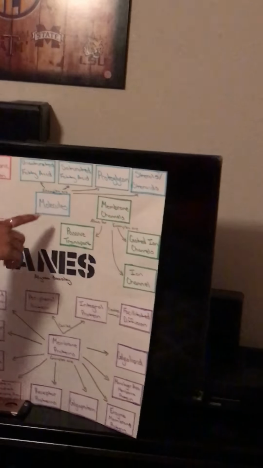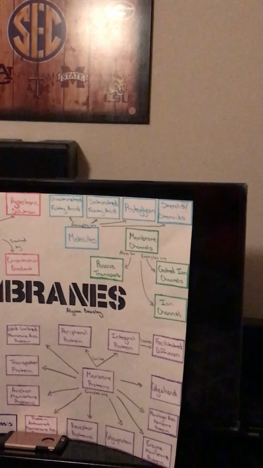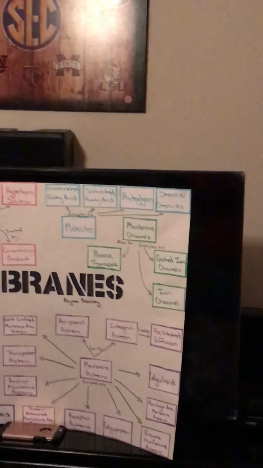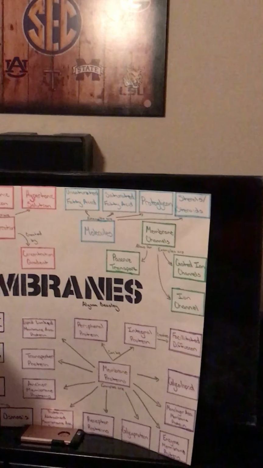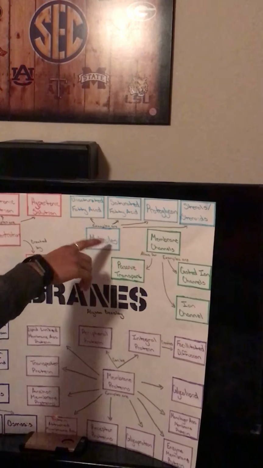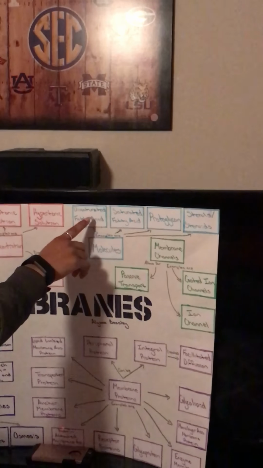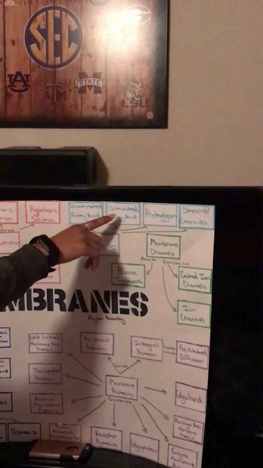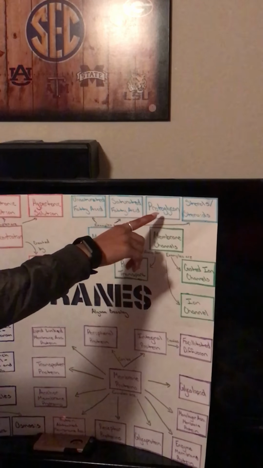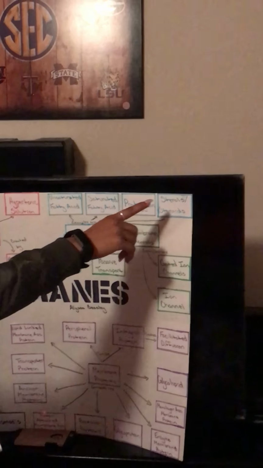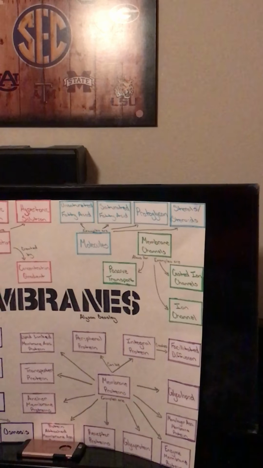So the light blue I put as molecules because it was a term that could bring all of those together. An example of the molecules are unsaturated fatty acids, saturated fatty acids, proteoglycan, and sterols/steroids.